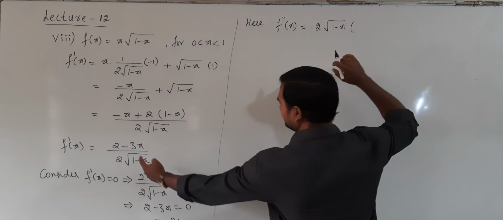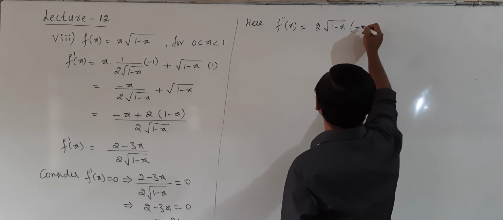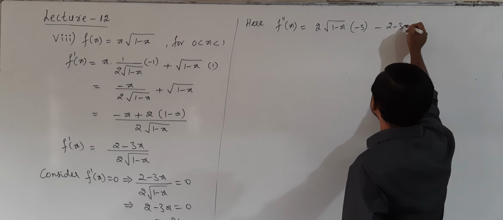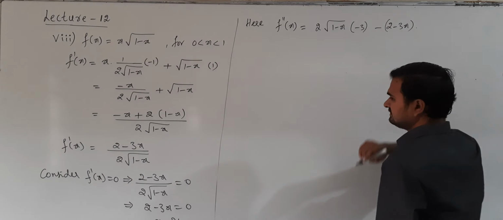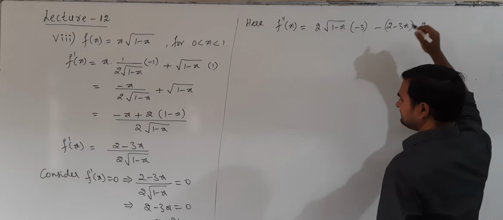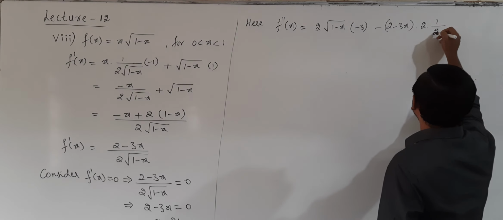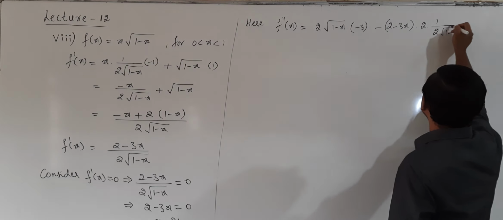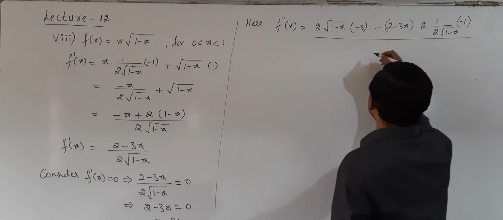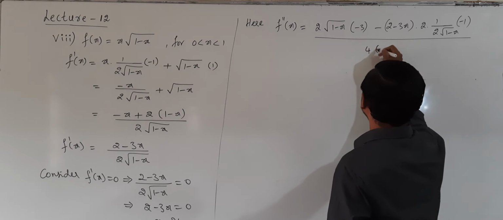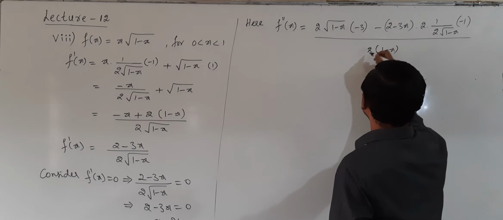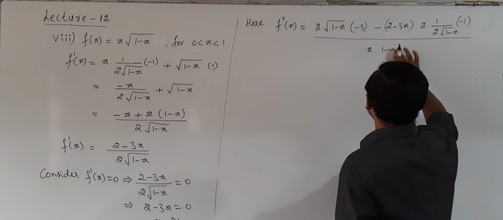What is the derivative of the numerator here? Minus 3, minus 2 minus 3x into the derivative of the denominator. So this is the derivative of the denominator: 2 into derivative of root, which is 1 by 2 root 1 minus x into minus 1. Total divided by v square, which means 4 into 1 minus x, that is 2 into root of 1 minus x whole square.